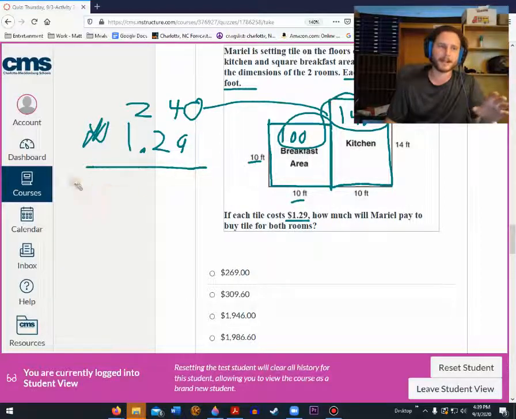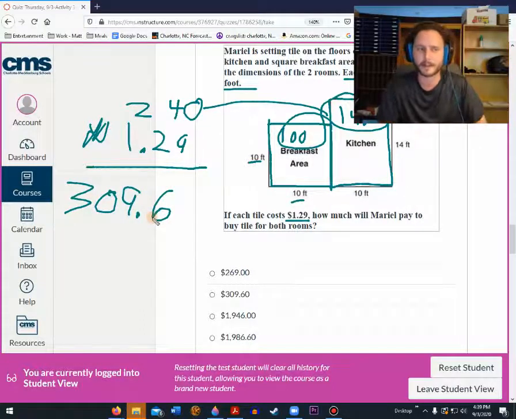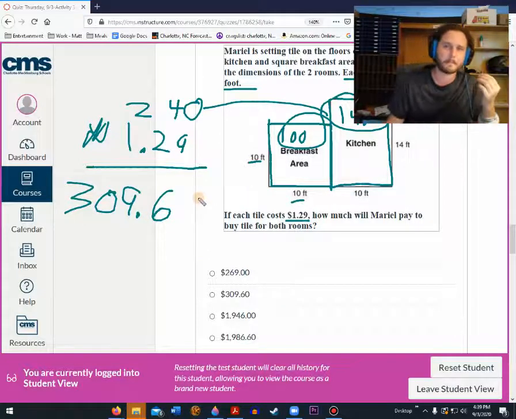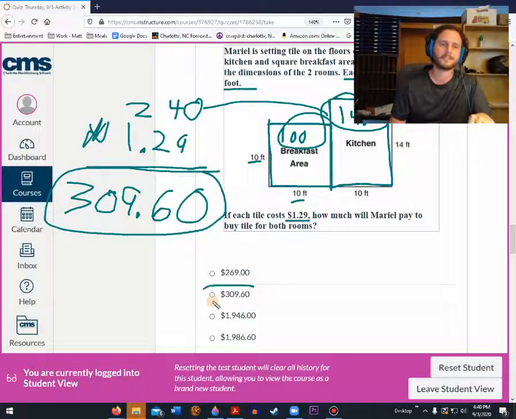Your calculator might tell you it is 309.6. That's because your calculators are stupid. Your calculators don't know that there's supposed to be a 0 there at the end because you're dealing with money. Whenever you deal with money, you use 2 decimal places, not 1. So $309.60.